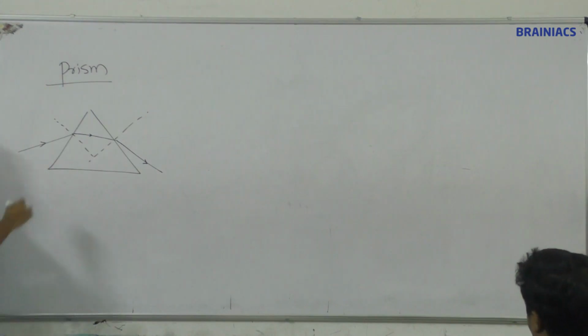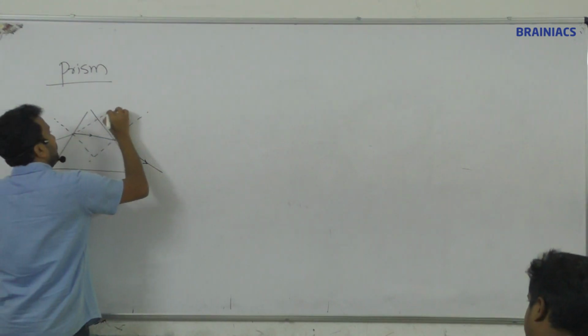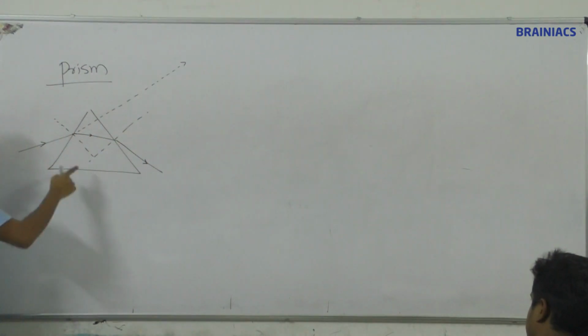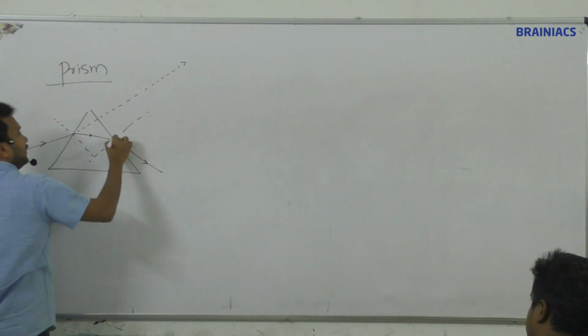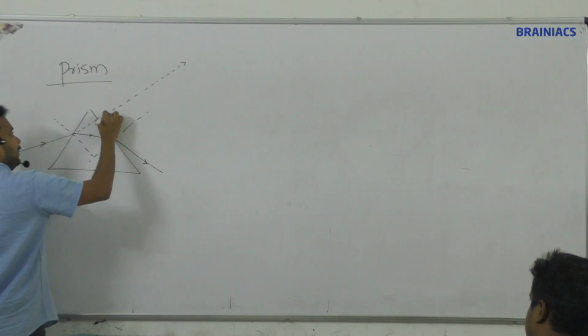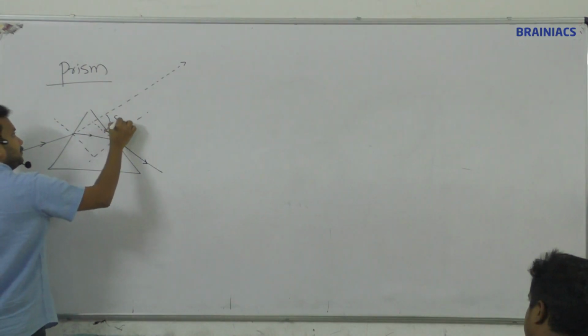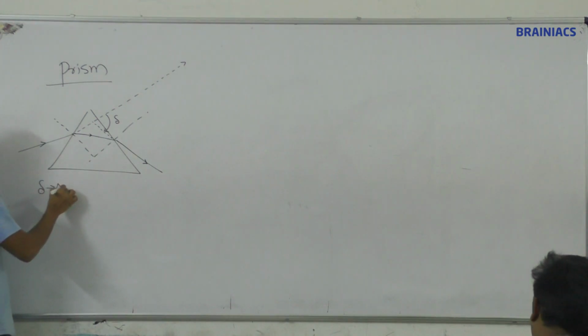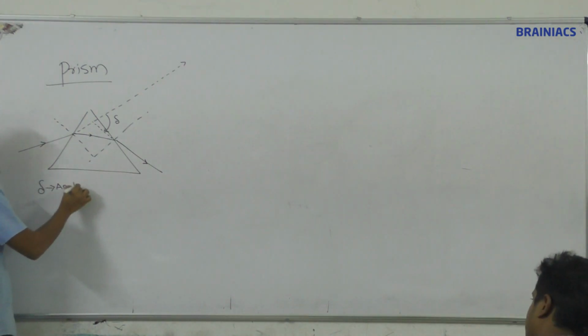So this is the straight way the incident ray should go, but because of the prism, the ray is deviated this much. This delta is called the angle of deviation, the first term.